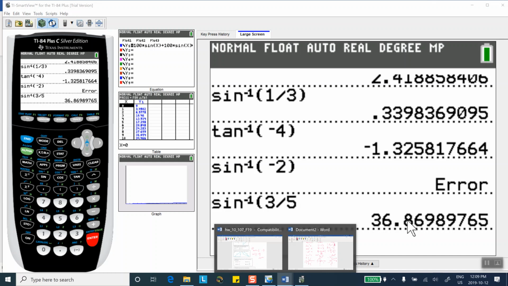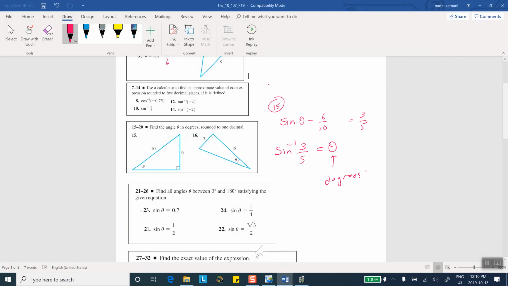So it's going to up this thing by 1. So it's going to be 36.9 degrees. So the answer to this is 36.9. Do not forget either to put the degree symbol up there on the top right corner, or write 36.9 degrees. Otherwise, it is wrong.